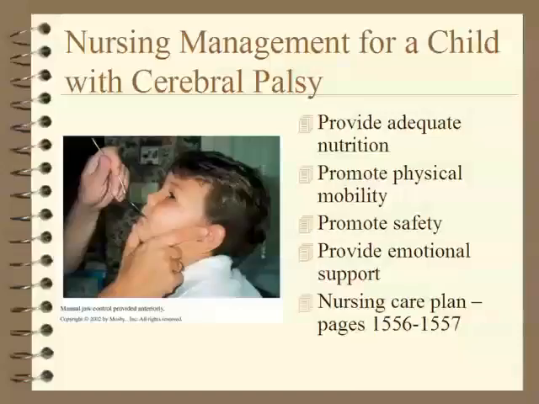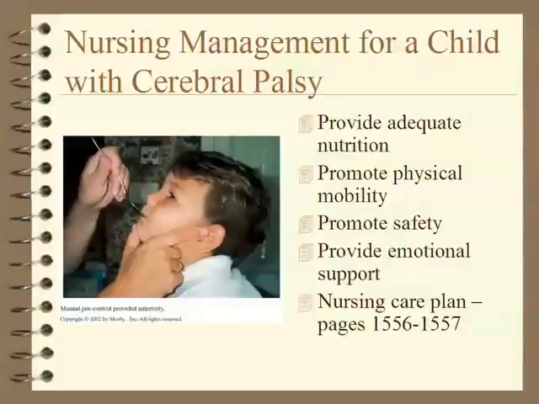It may be that the child isn't going to be able to take in enough nutrition by mouth to sustain adequate growth. There may be that small percentage of children with CP who end up with a G-tube. Now, it may be the G-tube is for all of their nutritional needs, or it may be we just use the G-tube to supplement, allowing them to take in what they can PO and then supplementing with G-tube feedings.